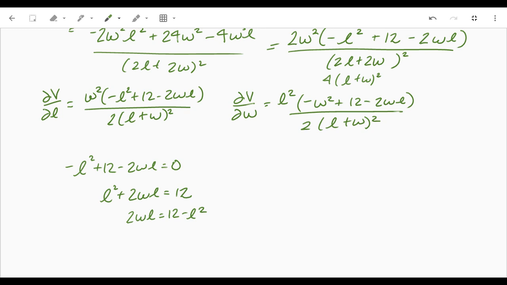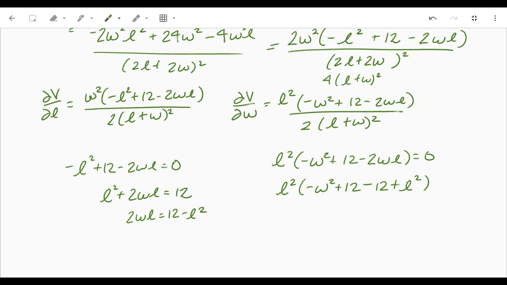Okay, so then we plug it into our second one. If L squared times negative W squared plus 12 minus 2WL equals 0, then L squared times negative W squared plus 12 minus 12 plus L squared, and I'm just subbing this in for 2WL, equals 0.